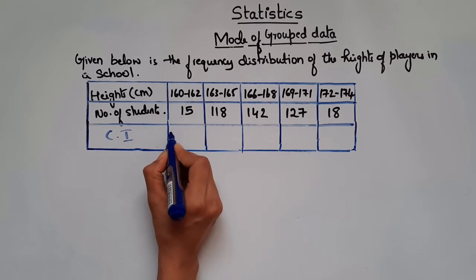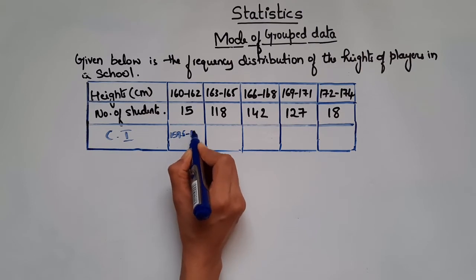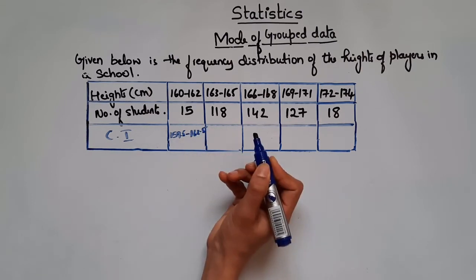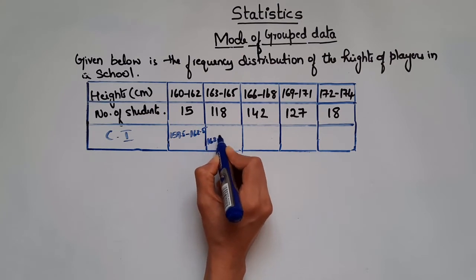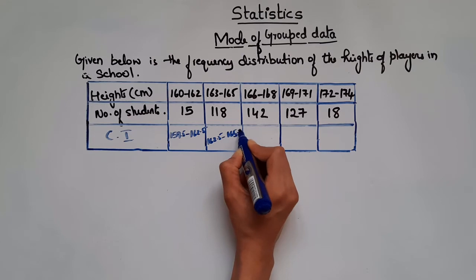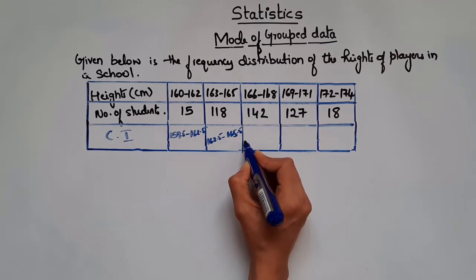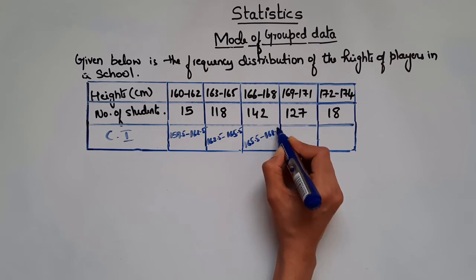So this will be 159.5 to 162.5. Similarly, this will be 162.5 to 165.5. So here in this case we have 165.5 to 168.5.